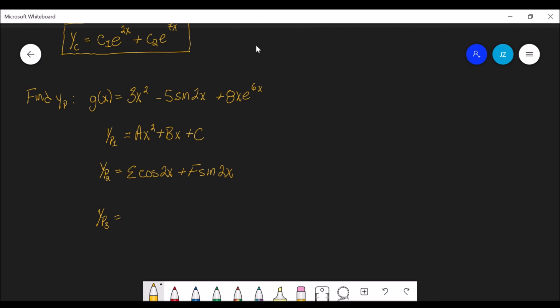Our third particular solution is going to be based off of the polynomial times an exponential. So that means that our third particular solution would have to be a polynomial times an exponential, specifically a first degree polynomial times the exponential. So it'll have the form e to the 6x times gx plus h, which can be written as gx e to the 6x plus h e to the 6x.